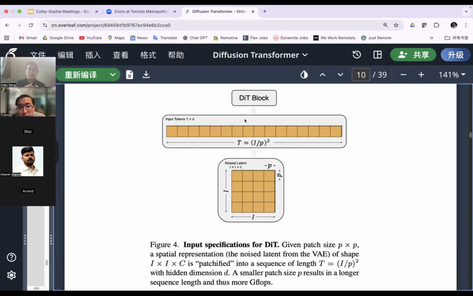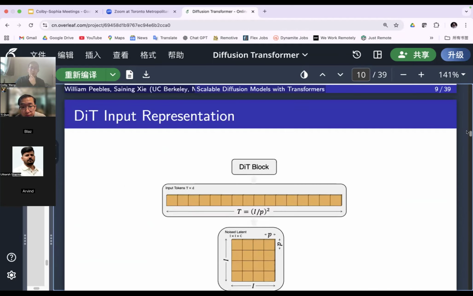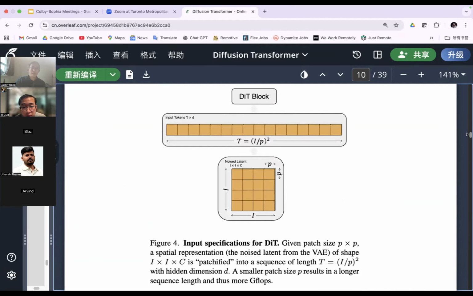So I guess it's really good for image classification. Yes.